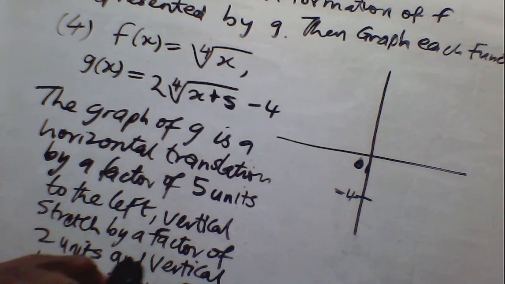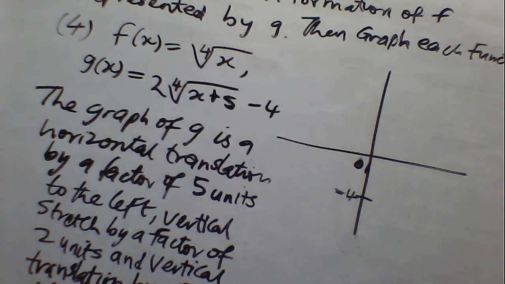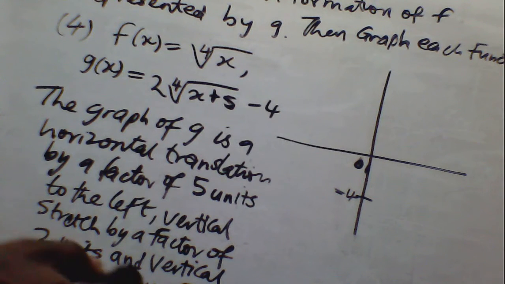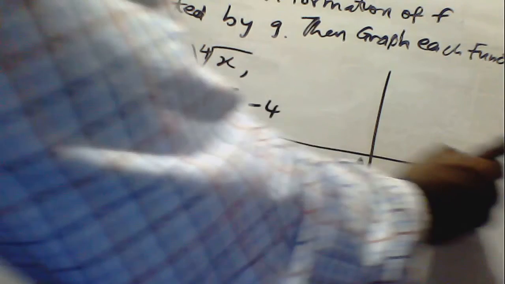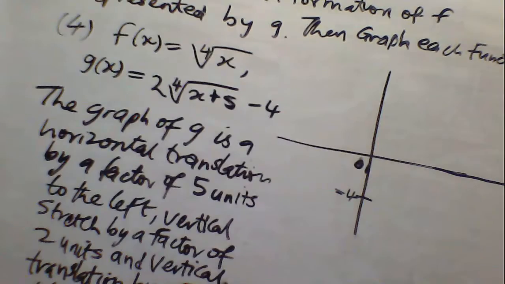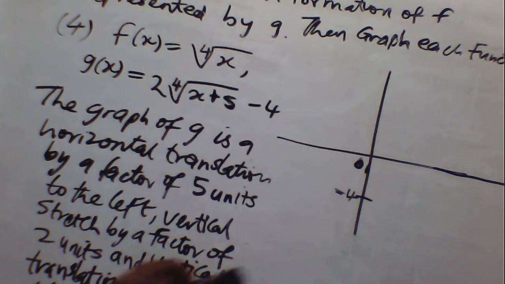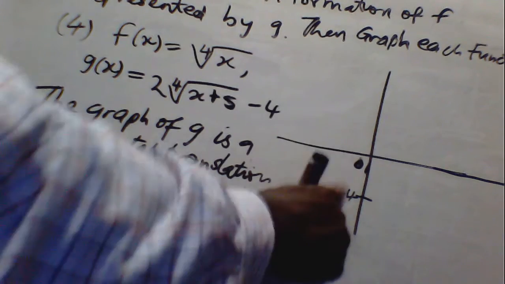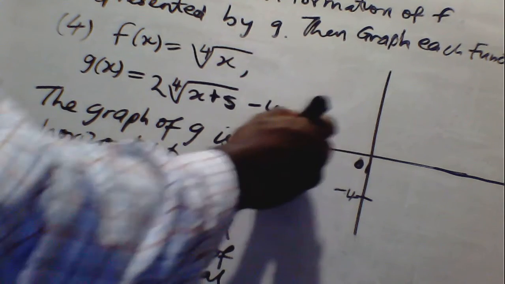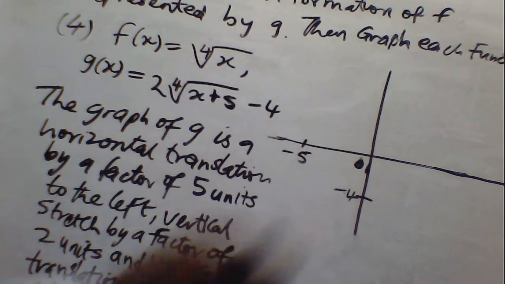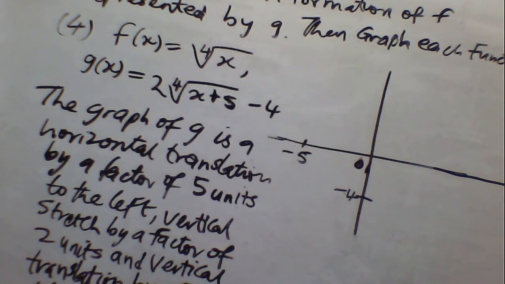So from here we have minus 5, a horizontal translation by 5 units to the left.